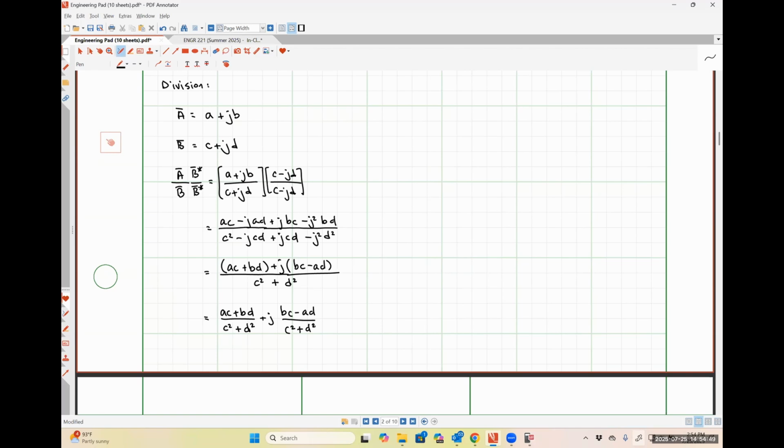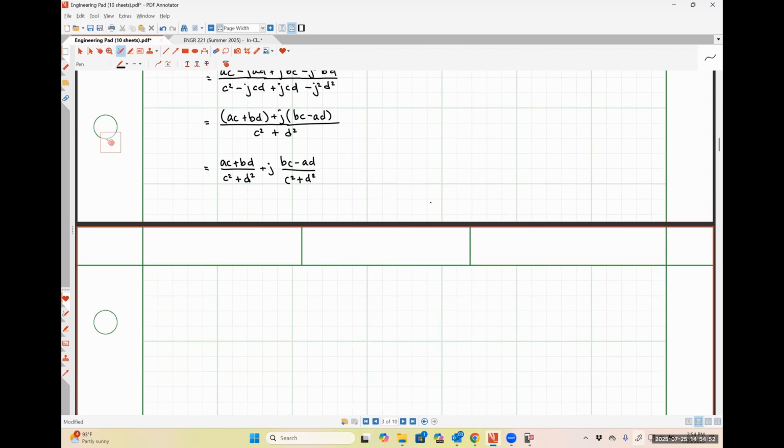So generally speaking, and I'll just sneak this in down here, if I have a complex number A equal to A plus JB, and the conjugate of A is A minus JB, then when I multiply A conjugate times A, that's going to look like A plus JB times A minus JB, or A squared plus B squared, which is just the magnitude of A squared.